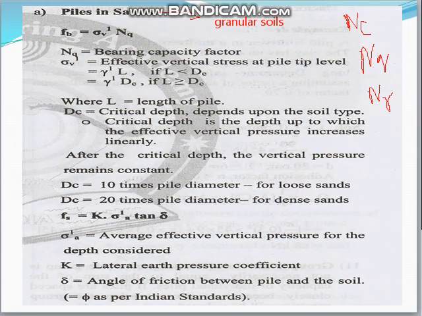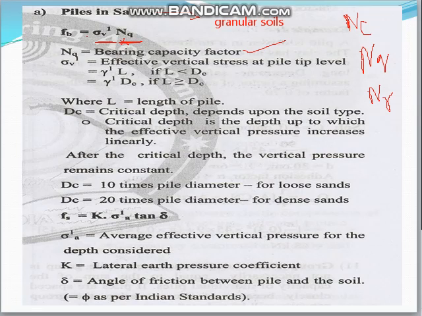So the first one is the bearing capacity. Here FB is equal to the vertical stress at pile tip level into the bearing capacity factor, Nq.